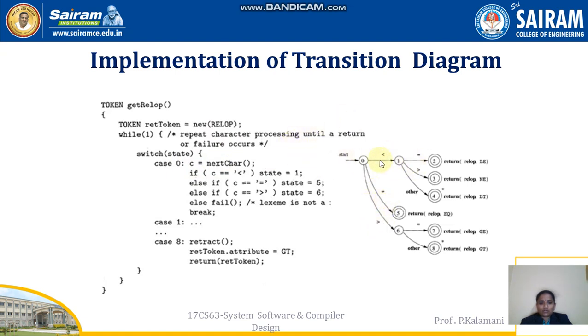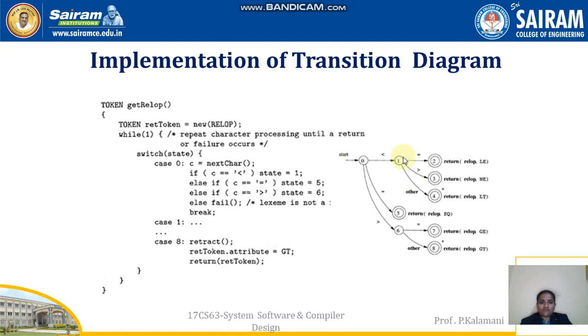If C equals less than, it will go to state 1. Else if it is equal to, it goes to state 5. If C is greater than, it goes to state 6. Otherwise it fails. For any character other than less than, greater than or equal to, it fails. Here we have not specified any state transition for that.